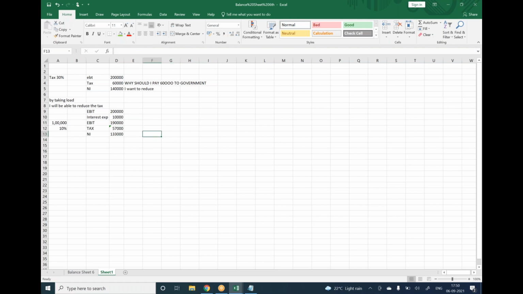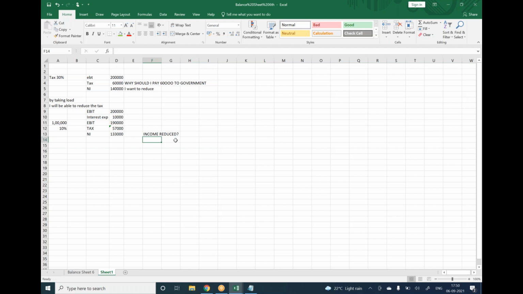How much has my income reduced because I've taken a loan? How much is my income reduced from that to this? Or how much have I lost because I've taken a loan? 7,000. I'll reframe my question. How much money did I lose by taking a loan?